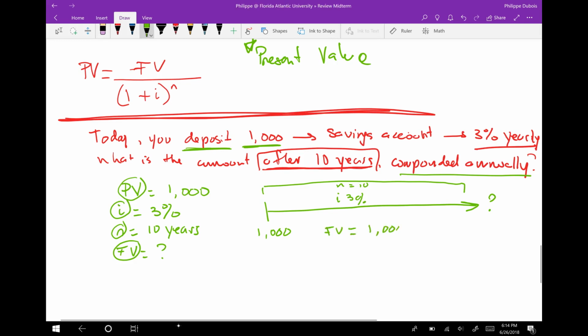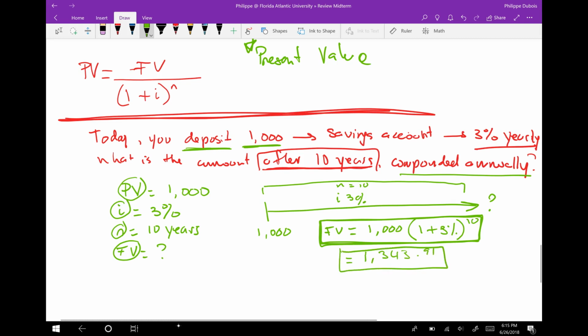So my future value equals 1,000 times 1 plus 3% to the 10th power. This is what I will need to compute in order to find the future value. I will do it right now. 1 plus 3% is 1.03 to the 10th power times 1,000. 10 years, $1,000 at 3% will give me $1,343.91.